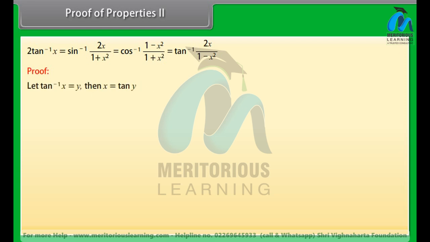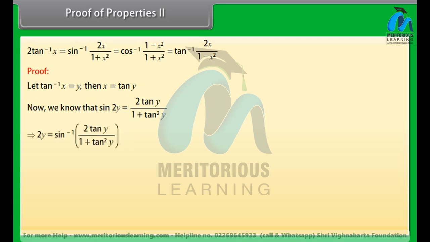Let tan inverse x is equal to y, then x is equal to tan y. Now, we know that sin 2y is equal to 2 tan y by 1 plus tan square y. It implies that 2y is equal to sin inverse 2 tan y by 1 plus tan square y.